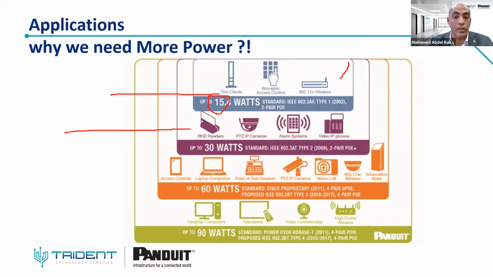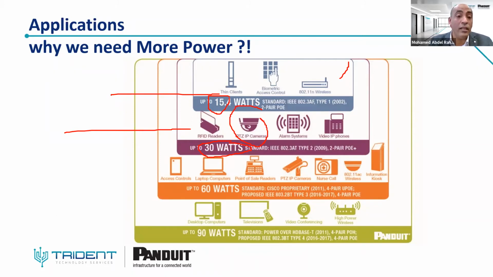It's called for the trade market POE+, which can transmit 30 watts and can deliver up to 25 watts to the powered device to support more complex surveillance cameras. When talking about the PTZ camera, the RFID readers, the video IP phones.